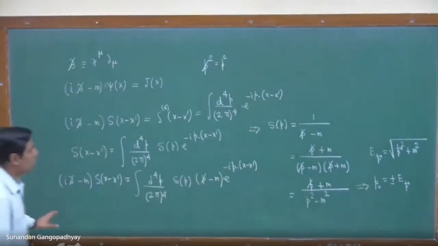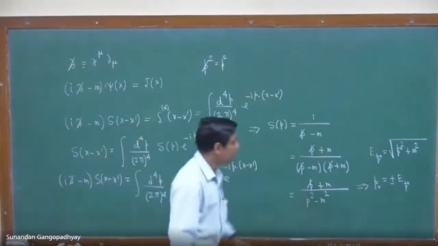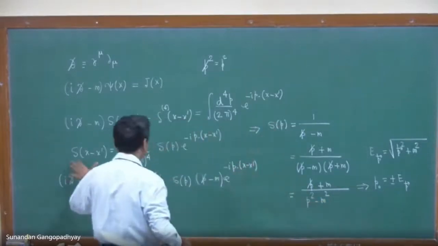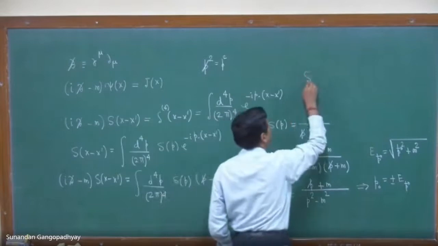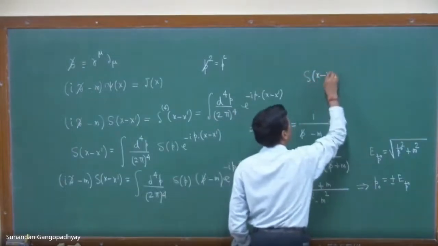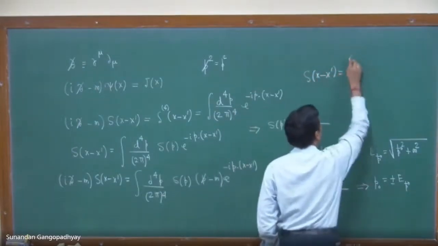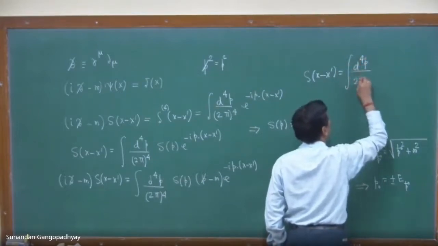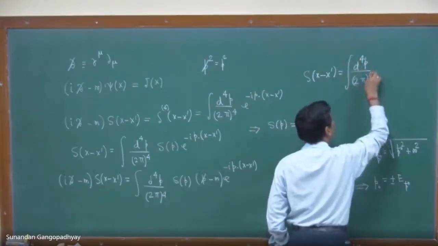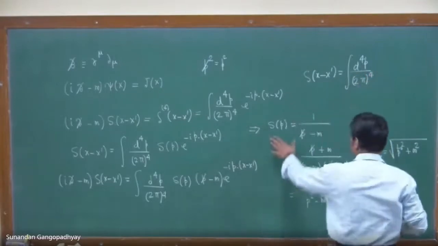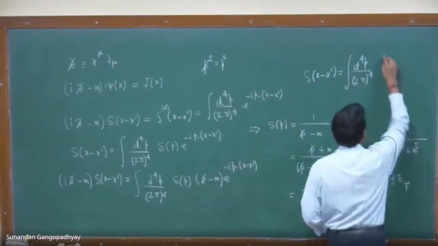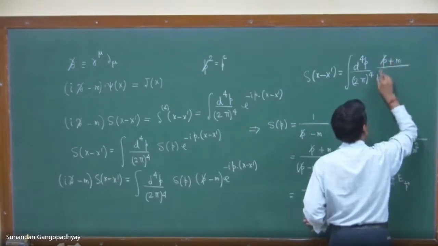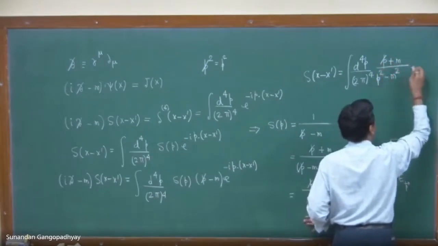Now, once we see that these are the poles, let me just write down the function S(x minus x prime), which will be equal to the integral d4p by (2 pi)^4, S(p) is now (p slash plus m) by (p squared minus m squared).